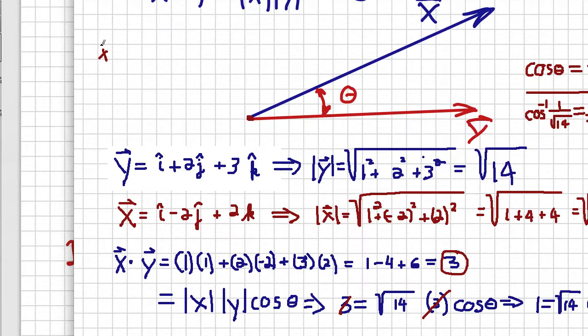I can say x unit vector is equal to 1 over, remember the magnitude of x was square root of 3, 1 over the square root of 3 times i minus 2 over the square root of 3 times j plus 2 over the square root of 3. Now this is j, not i here. j hat, i hat, plus 2 over the square root of 3 times k hat. So this would be the unit vector that points in the same direction as this x vector.